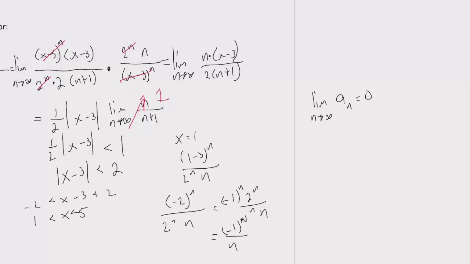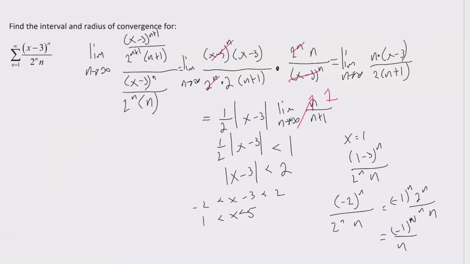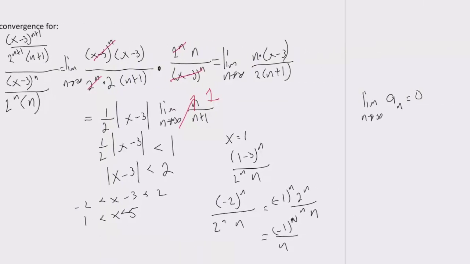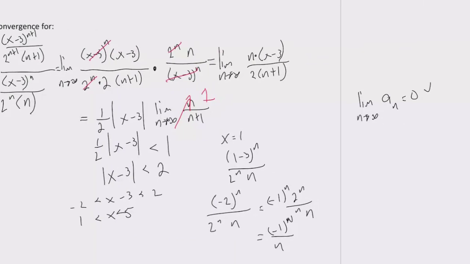And in our case, if we go back to our original function here, if I have (x minus 3) to the n over 2 to the n times n, that denominator is huge. So that's a check. Definitely the term would approach 0 on that.